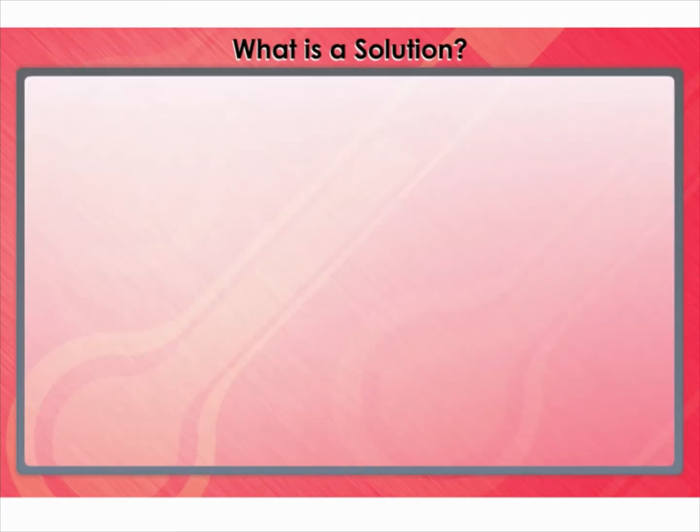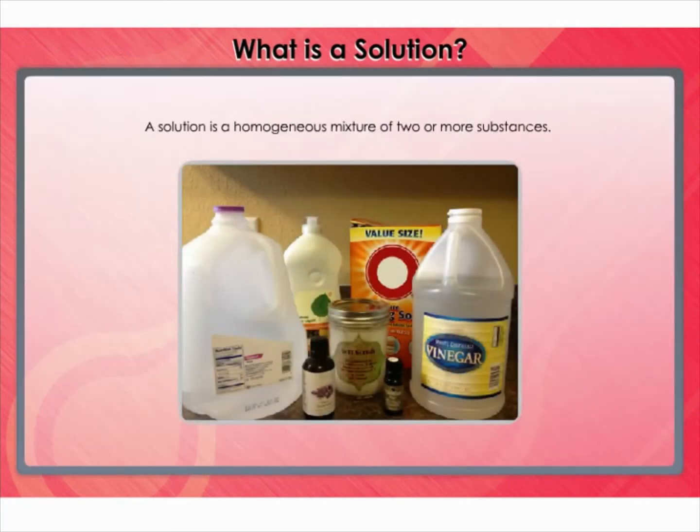What is a solution? A solution is a homogeneous mixture of 2 or more substances. Lemonade, soda water, etc. are all examples of solutions. In a solution, there is homogeneity at the particle level. For example, lemonade tastes the same throughout. This shows that particles of sugar or salt are evenly distributed in the solution.